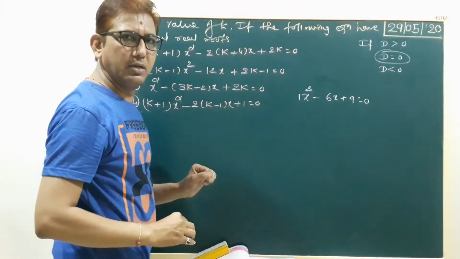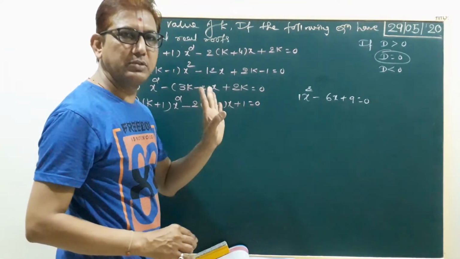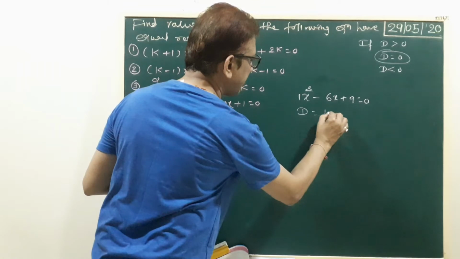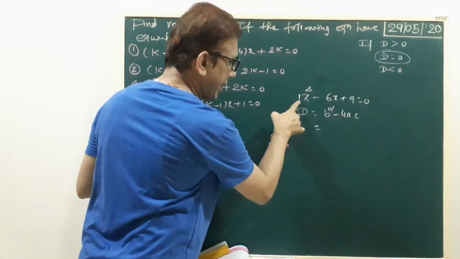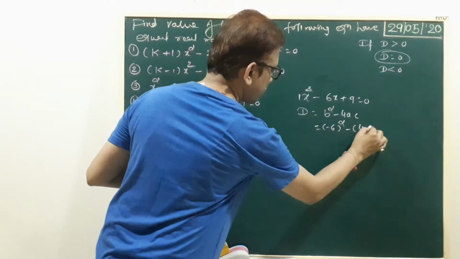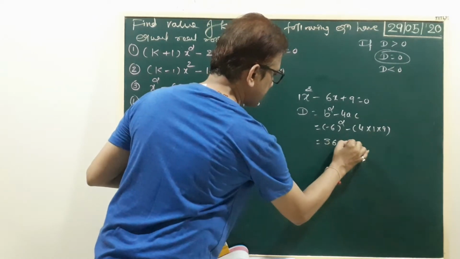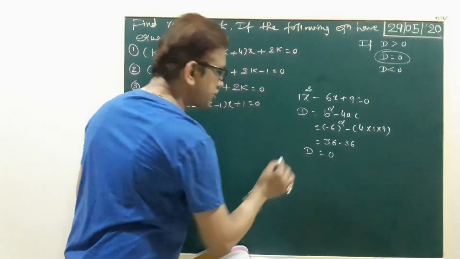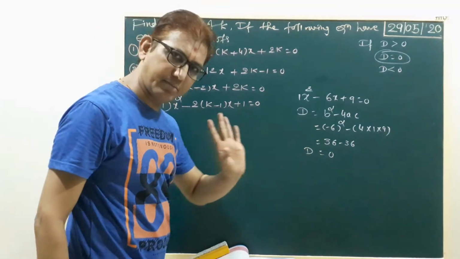If we find the discriminant, it is always 0. D equals b square minus 4ac, b equals minus 6, so 36 minus 4 into 1 into 9, which is 36 minus 36, answer is 0. So the discriminant is 0, and equal roots are possible in R.